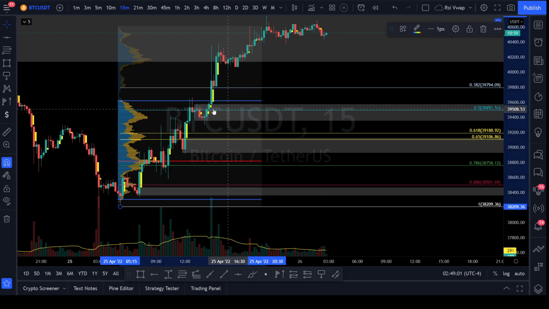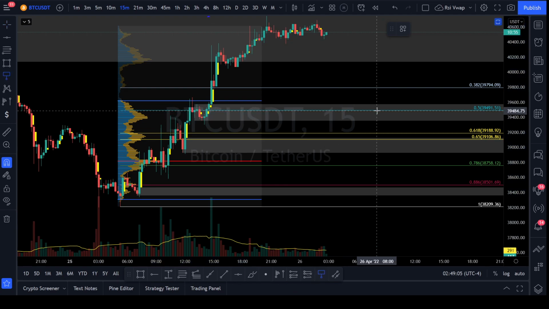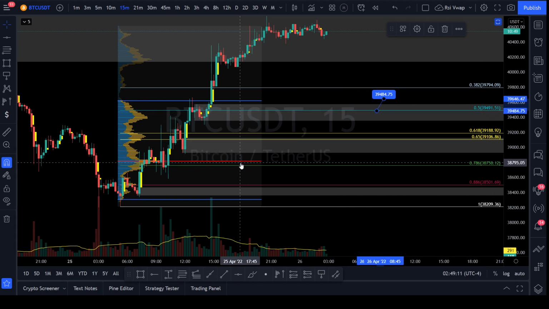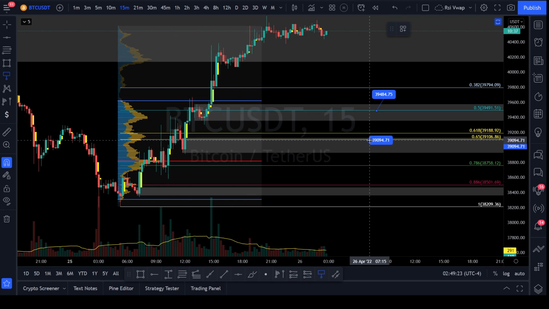So the next area you want to look at would be this area here at about 39.5 and the 0.5 fib. Possibly down to this order block in this area, which would put us at the 618, which is about 3,900.